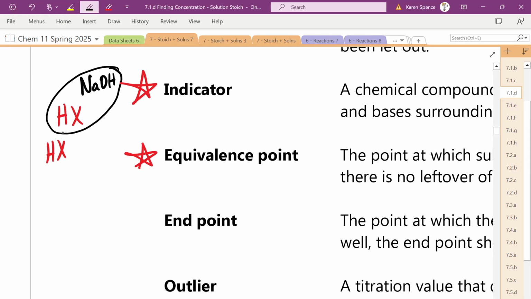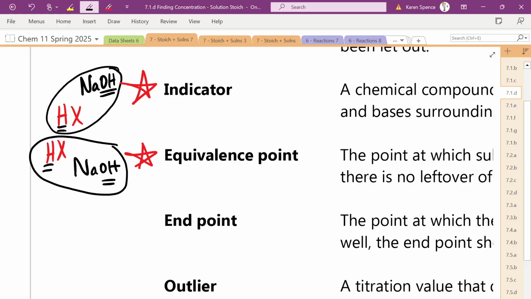There's just one H. One H requires one OH. So if I have two HX particles, then it requires two NaOH particles. My equivalence point is the point where I have added those two NaOHs. I haven't added one, because if I added only one, it would not all be neutralized.